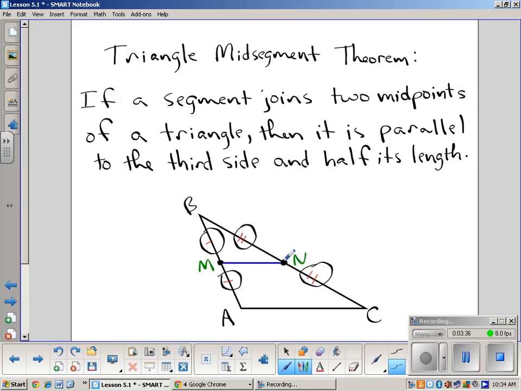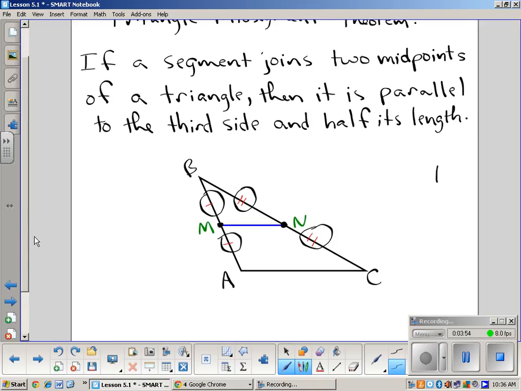Now we can relate segment MN to segment AC. I'm going to pause it and then get out of your way. Okay, now let's talk about how this applies to what we have here. Let me move this up a little bit.